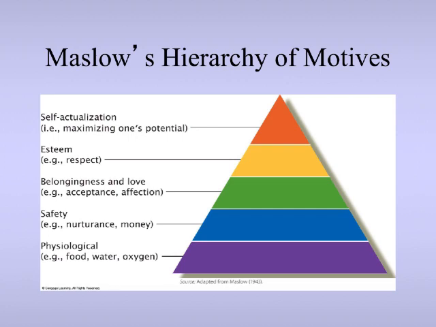He writes, though, that in order for them to become self-actualized, they need to go through or move through this hierarchy of needs. The first, most basic need is physiological, which is the need for food, water, oxygen. Once that need is met, they're able to move up to the next need, which is safety. Things like nurturing, money, a secure place to live, shoes, comfort, warmth, shelter, those sorts of things.